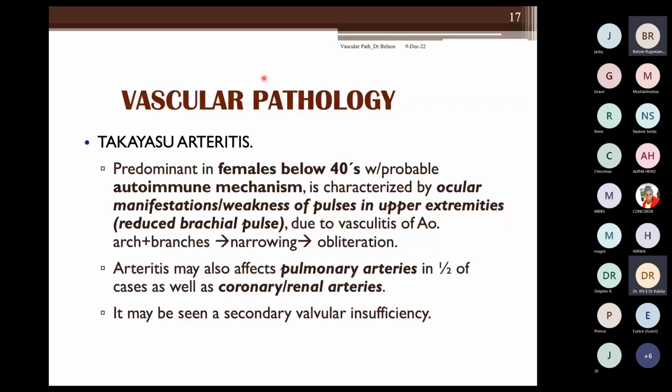So aorta niba yarafashwe birumvikana amaraso uko yanga azatambuke cyane cyane agere muri atari zo mu maboko bizagorana bitume blood pressure izaba yagabanutse. So it also can affect the pulmonary arteries in half of the cases, as well as coronary and renal arteries. And you understand if it affects coronary arteries, ni indwara ishobora gutuma umuntu agira ikintu kimeze nka angina pectoris, idatewe na atheroma, idatewe na atherosclerosis, cyangwa se akagira renal problems, insufficiency.